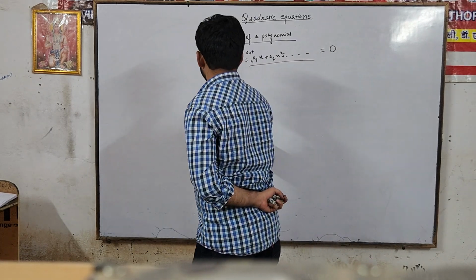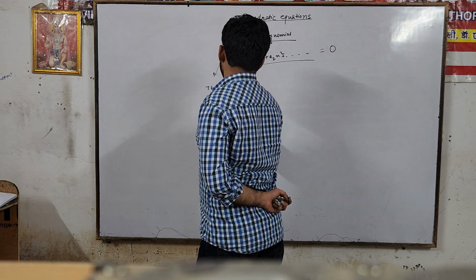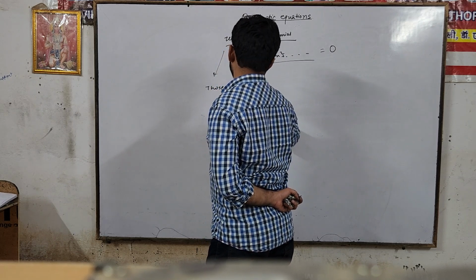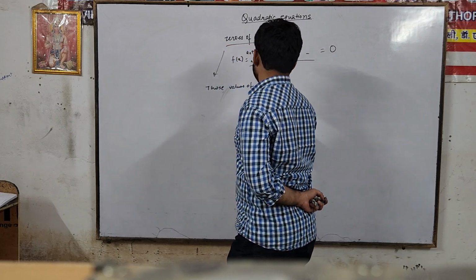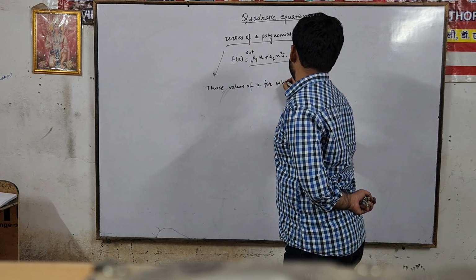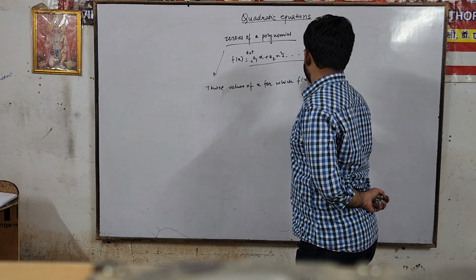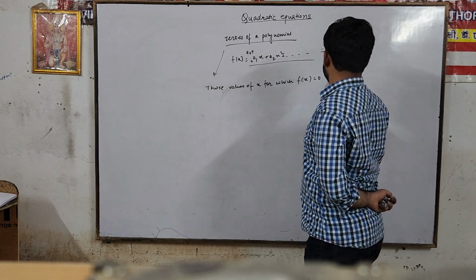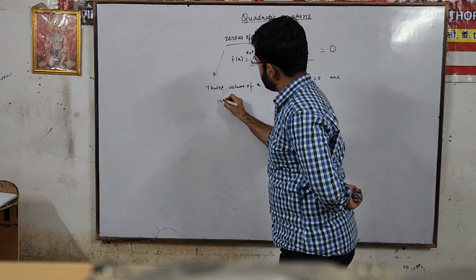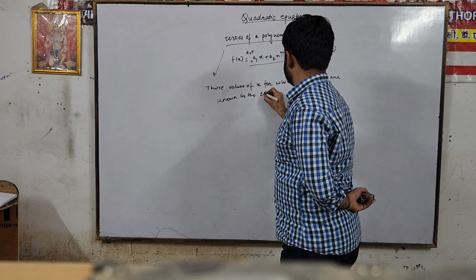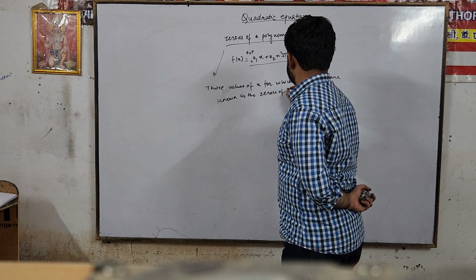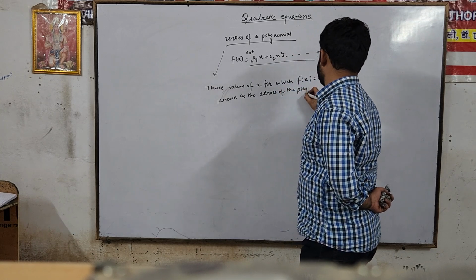Let me just write this. Those values of x for which f(x) is equal to 0 are known as the zeros of the polynomial.